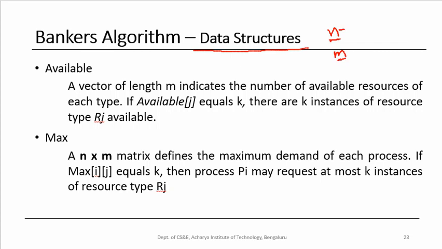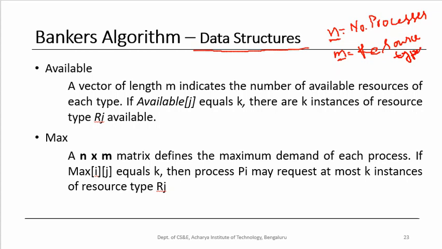This n represents the number of processes in the system, this you have to keep in mind. And m represents the number of resource types.